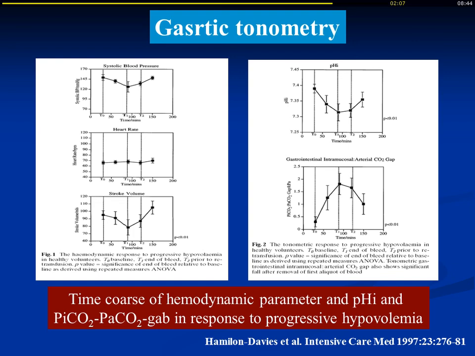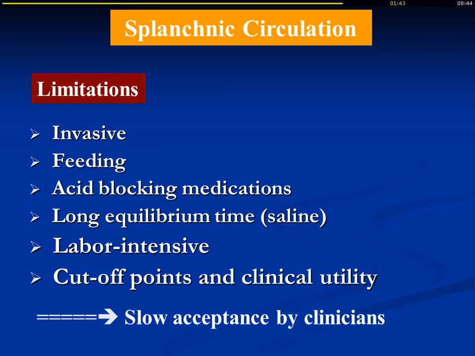But again, these methods have been used largely in experimental studies and in some clinical studies, but they didn't gain a lot of popularity. You can see here in this experimental study, for example, that you can track the changes over hemorrhagic shock and sepsis in terms of changes in the microvascular perfusion and the effect of resuscitation thereafter. But again, these methods are limited by the fact that they are semi-invasive.